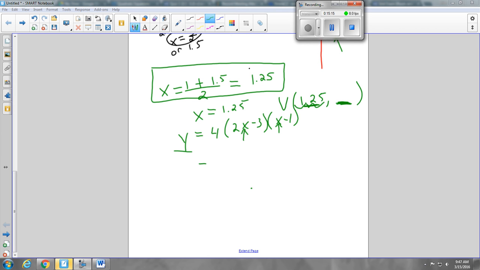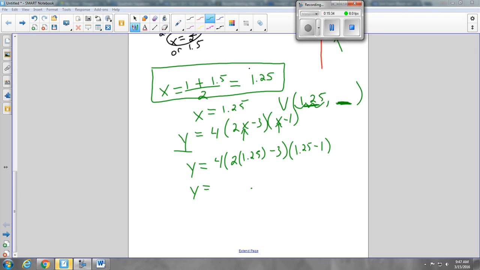So if you do that, y is equal to 4, and then instead of an x, I usually put in brackets so I just know it's the thing I'm putting in. It's bracket minus 3, and then 1.25 again, minus 1.